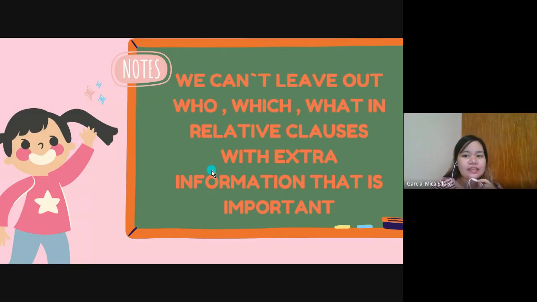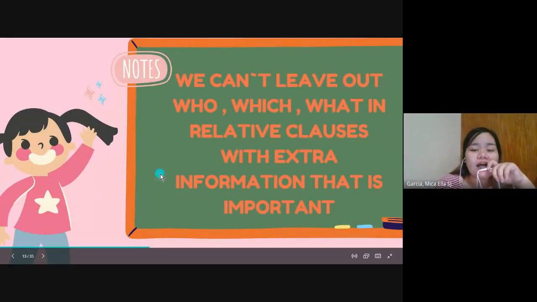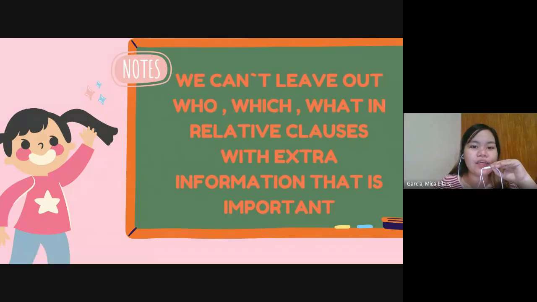Another is we can't leave out who, which, what, and relative clauses with extra information that is important. So, in the previous slide, we discussed that the relative pronoun that can be omitted, but here the relative pronouns who, which, and what cannot be omitted or cannot be removed, especially if the relative clause states extra information that is important.